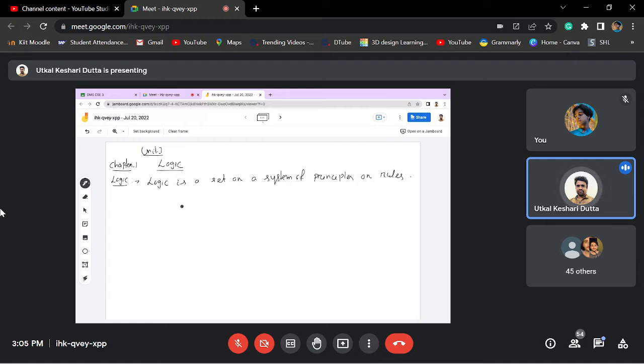That means logic is a set of some principles or a set of some rules. The rules of logic give precise meaning to some mathematical statements.